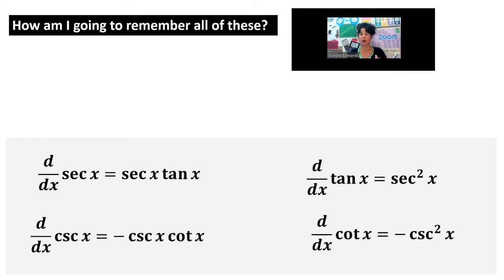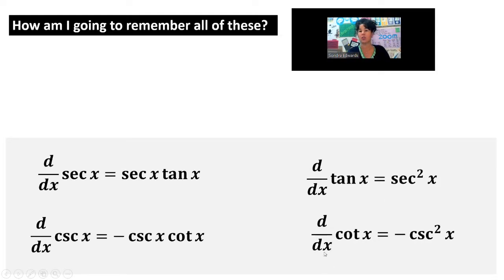Because secant squared of x means secant of x multiplied by secant of x. Students sometimes see secant squared of x and think that that's the same as secant of x being squared. Okay, so rewrite it as secant of x to the second power.